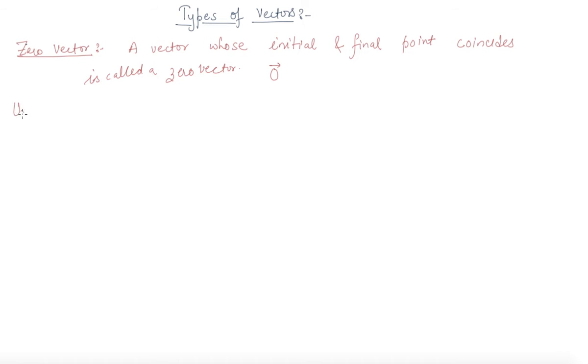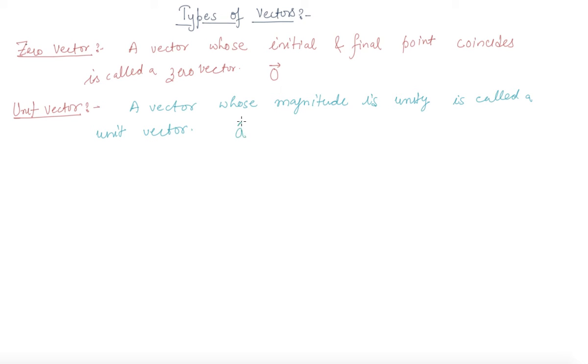Now let's discuss the unit vector. A vector whose magnitude is unity, meaning 1, is called a unit vector, and it is denoted by a cap.